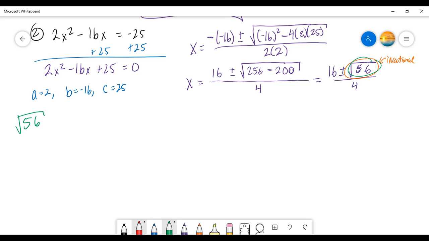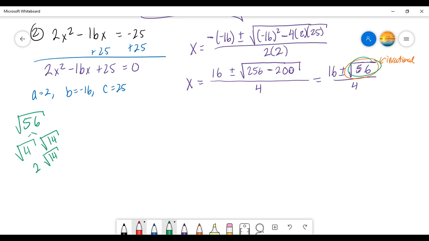Does 4 go into 56? Does 9 go into 56? And so on. Well, 4 actually does, 14 times. So I could rewrite this radical as the square root of 4 times the square root of 14. Well, I know the square root of 4 is 2, so this would be 2 rad 14.